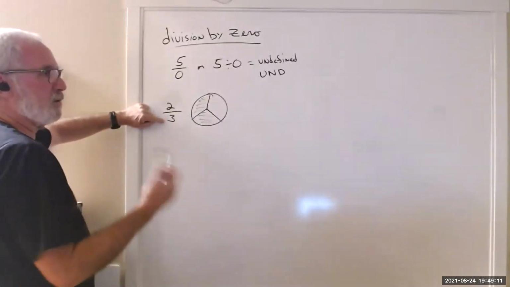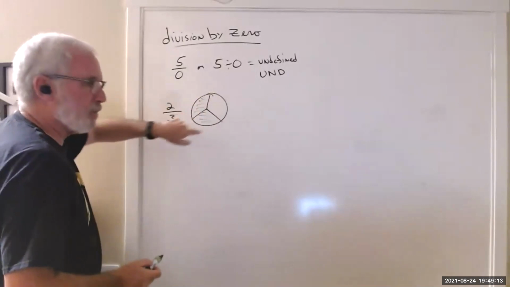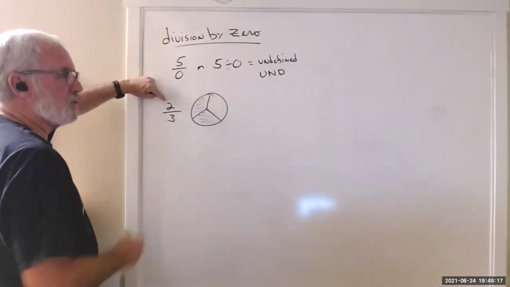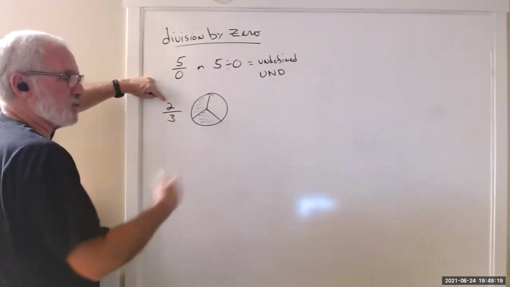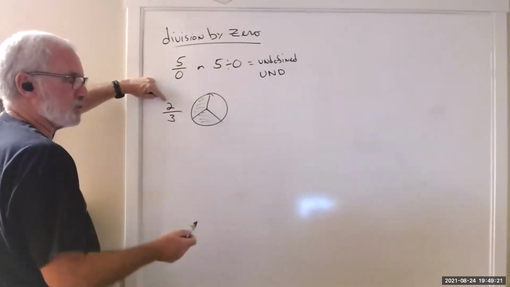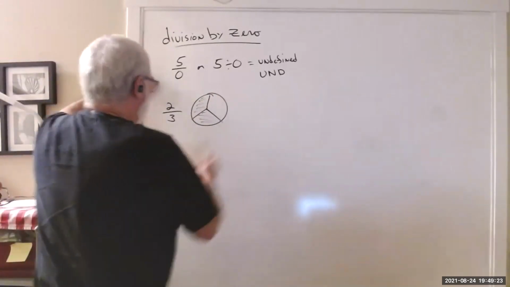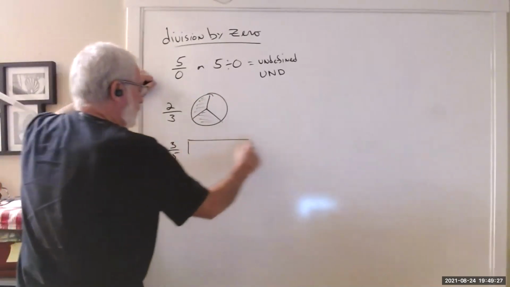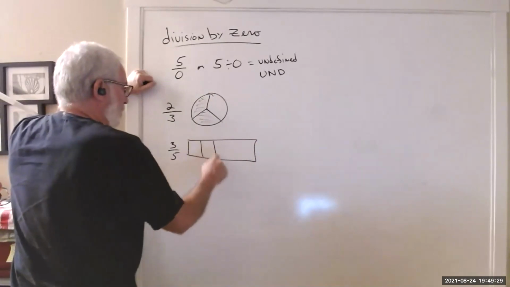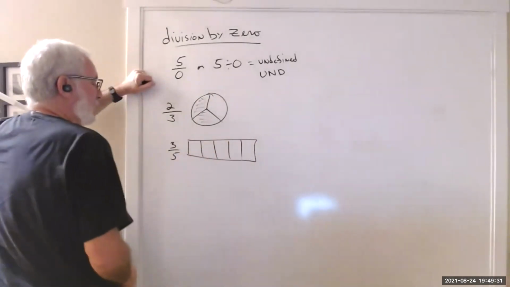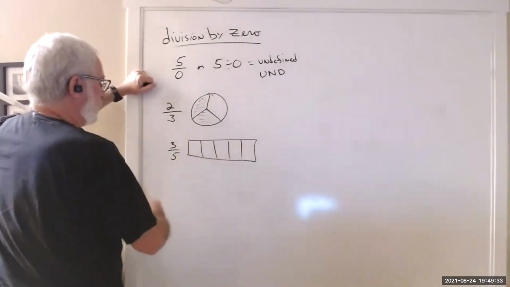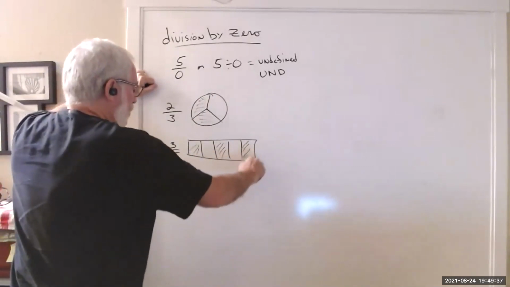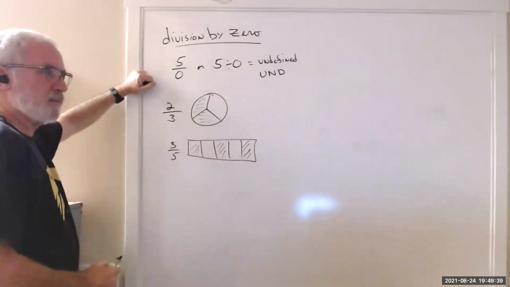The denominator, 3, tells you how many parts you have, and the numerator, 2, tells you how many parts you got to eat or use. Sometimes instead of a pie, they had like a 3 out of 5, so they used a Snickers bar, a candy bar cut into 5 sections, and you got 1, 2, 3 of them.